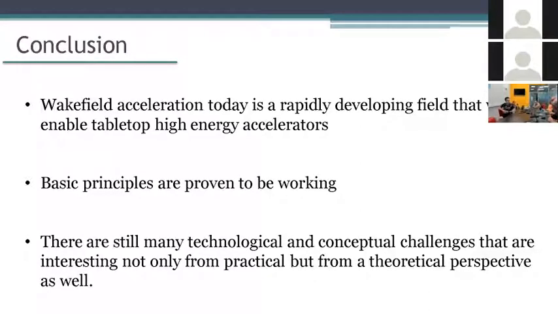Plasmas are very difficult to control, and it's a huge engineering effort to actually build a plasma cell and to control it. But it turns out that there are more perspectives than just using structures. There are still some developments for the structures at Argonne, which is the main place where people are looking at structure-based acceleration. I'll take any questions right now.